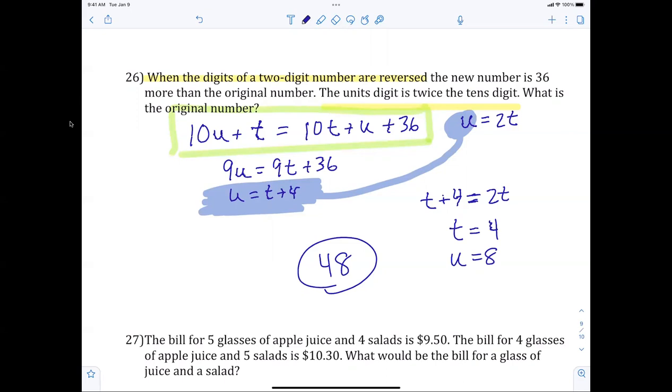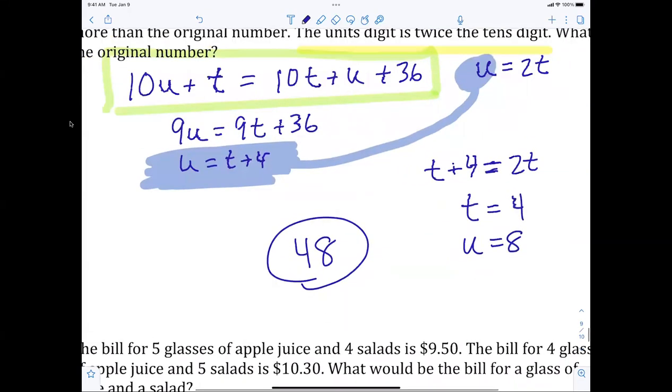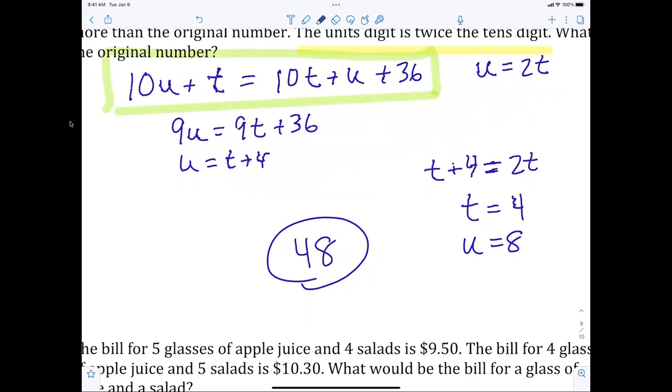Don't say you're sorry. Just tell me what's the question. Come on, Nora, you're going to have to slow down. I don't know where you're at. t plus 4 plus 2t. So this right here. Okay, now I found you. Look right here, please. Do you see what u is equal to right here?